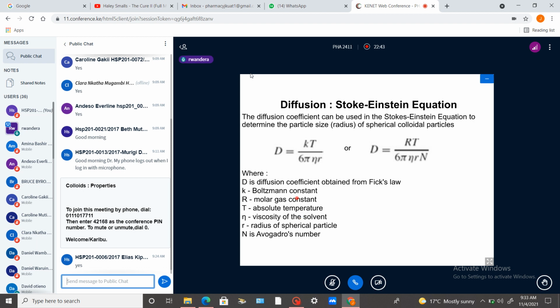R is the radius of the spherical colloidal particle, and N is the Avogadro's number. So having known all that, you can substitute and be able to obtain the radius of your colloidal particles. So from diffusion motion, you can determine the radius and hence the size of your spherical colloidal particles.